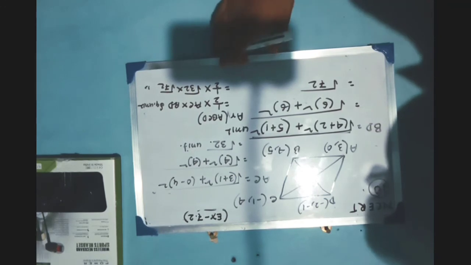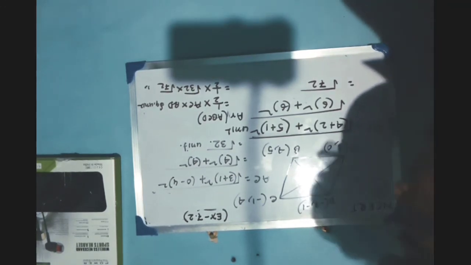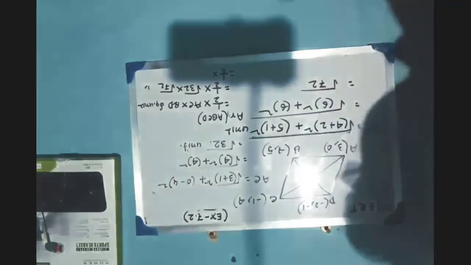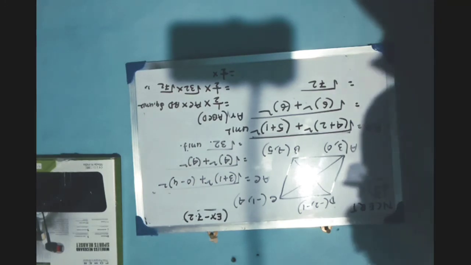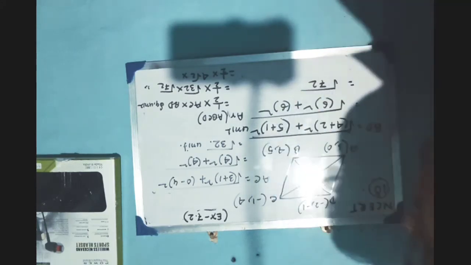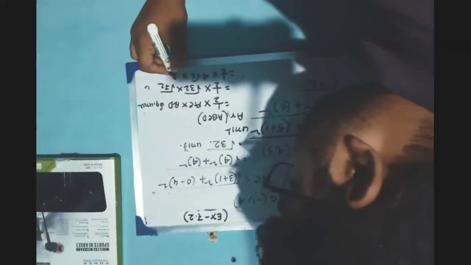If you do the calculations, this will be half into 4 root 2 into 6 root 2.